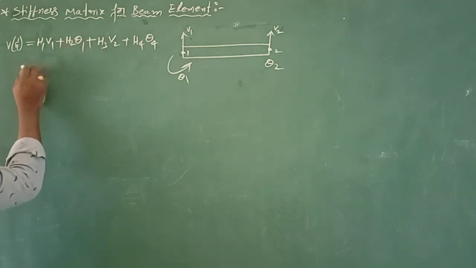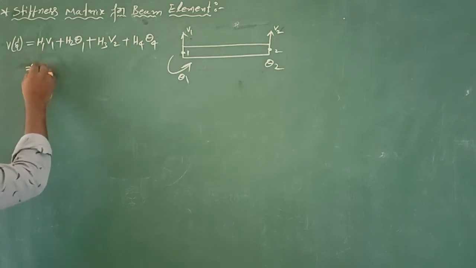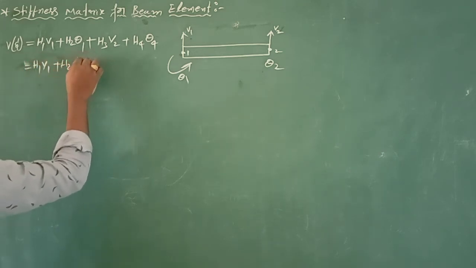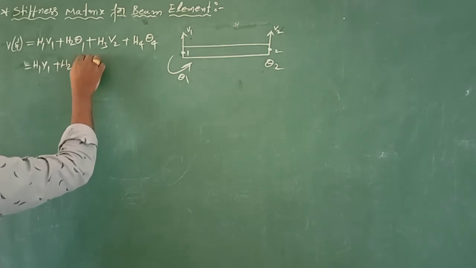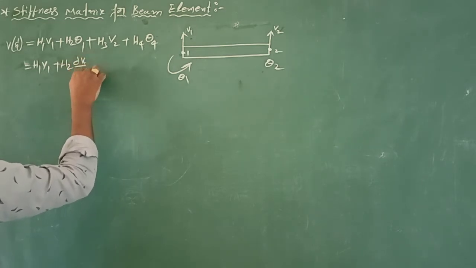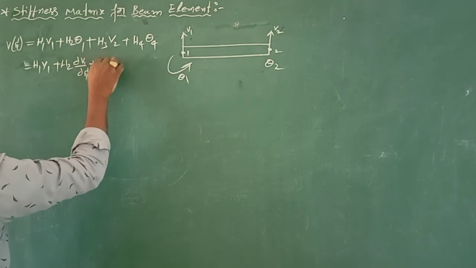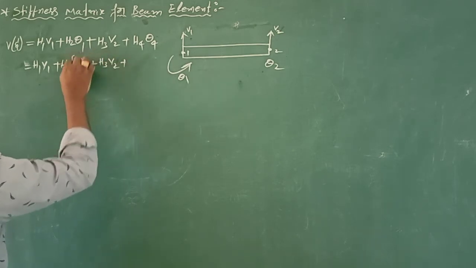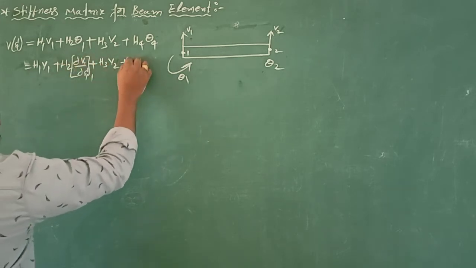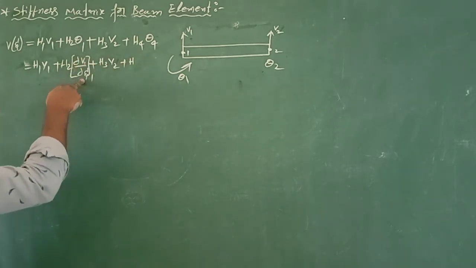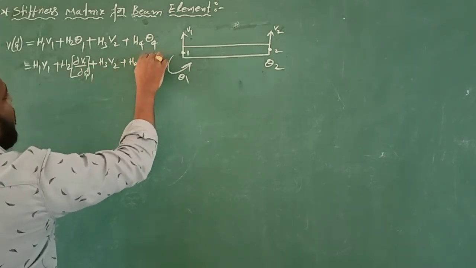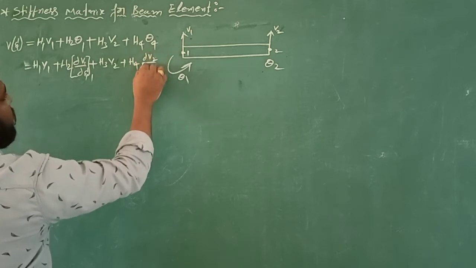Okay. So I would like to write this equation as h1 v1 plus h2 dou v1 by dou j plus h3 v2 plus h4 dou v2 by dou j.